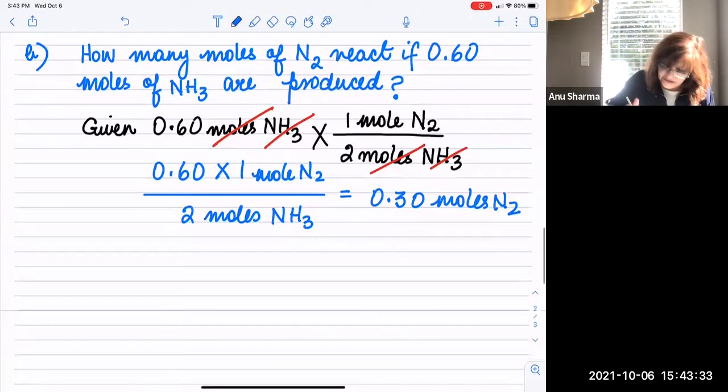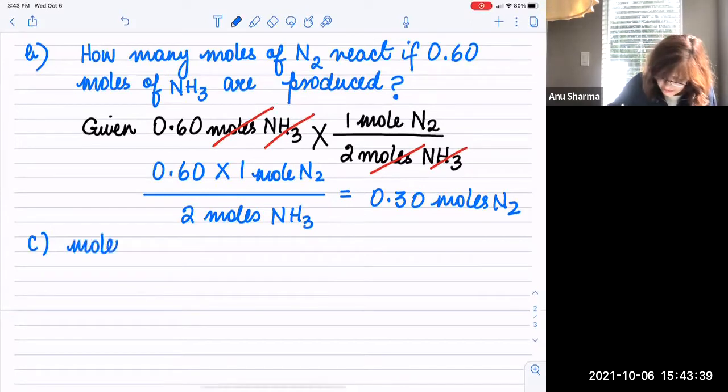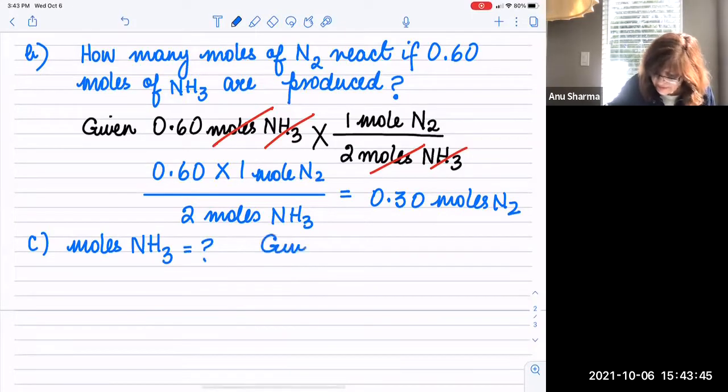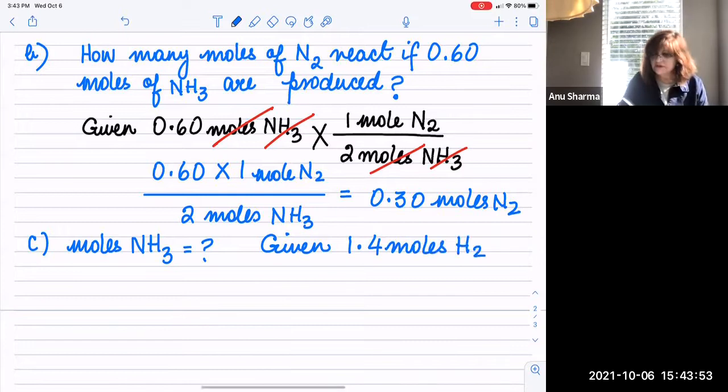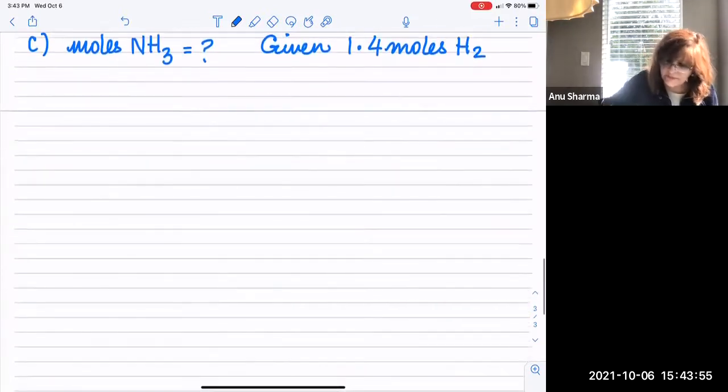Same as the case is part C. The question is how many moles of ammonia are produced? So we need to find the moles of ammonia that are produced, and you're given 1.4 moles of hydrogen. So what will you do?